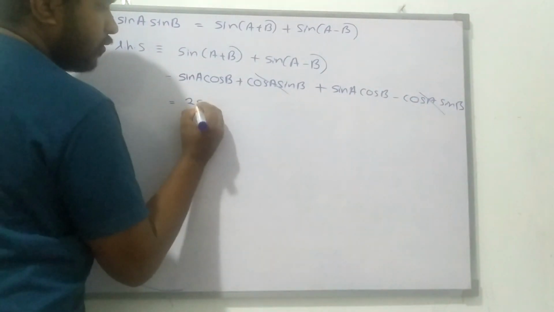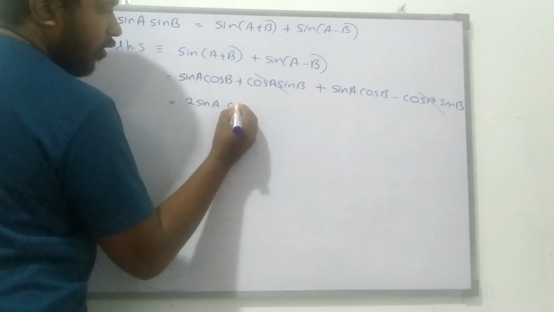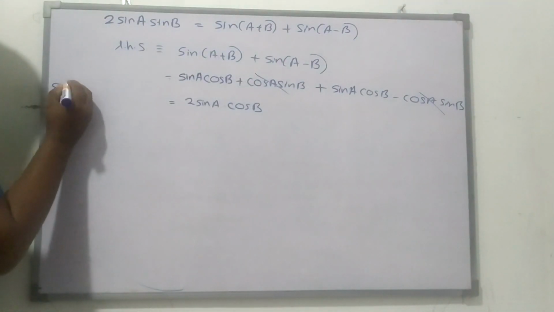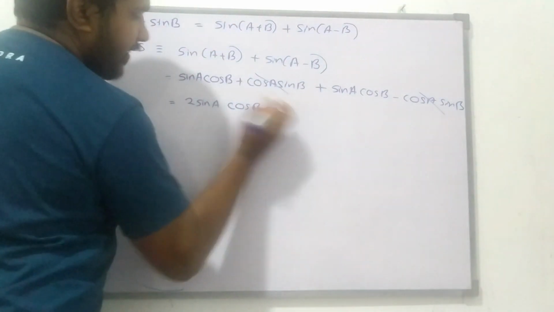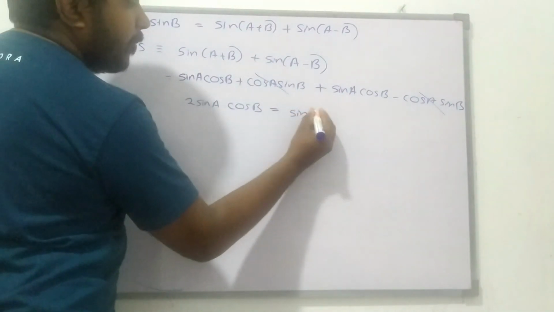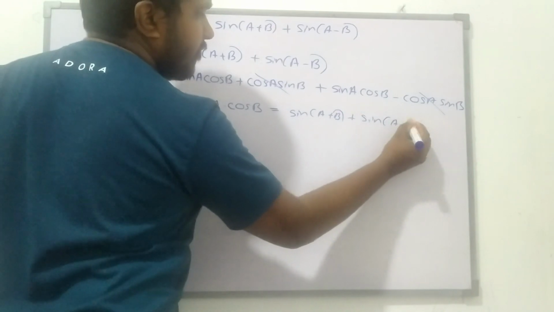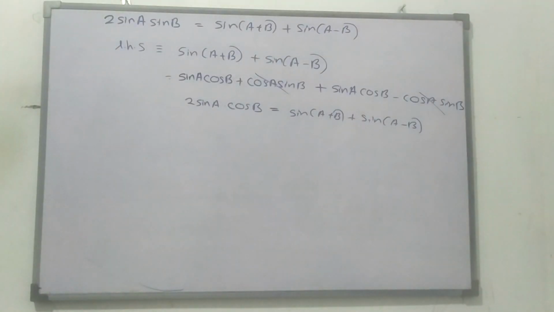Then the answer is 2 sin A cos B. So I'm going to write it here: sin(A plus B) plus sin(A minus B). This is the first formula of my inverse CD formulas.